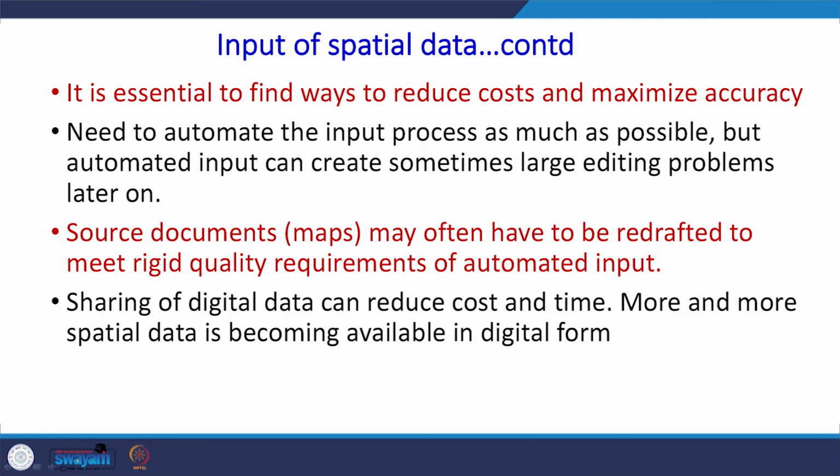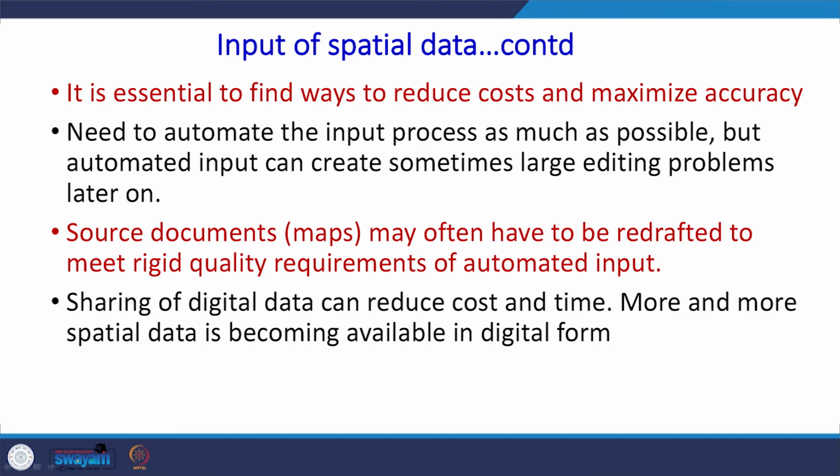This was one of the prime objectives of the National Spatial Data Infrastructure or the National GIS mission, that whatever data is produced by the different government agencies, we can share it so that we reduce the time and the effort in creating the data set.